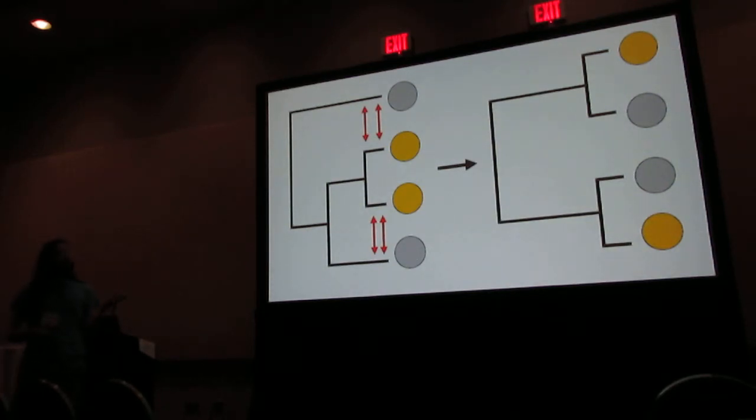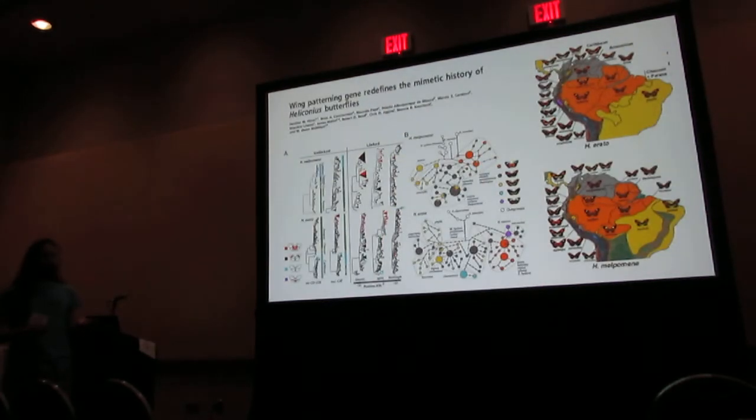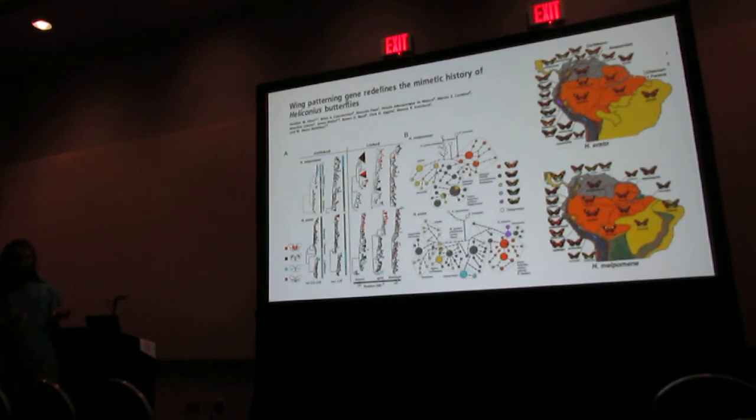And this is not a case that's usually discussed, although working at a butterfly lab, I sort of had it shoved into my face. Because with Heliconius, the researchers actually think this is what happens in two of their mimetic rings, where you have, again, similar color patterns that are just separated in space, and if you sequence mitochondrial DNA or genes around the genome, you usually find that these different patterns segregate more by geography than by color pattern.